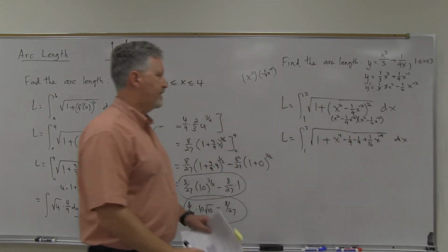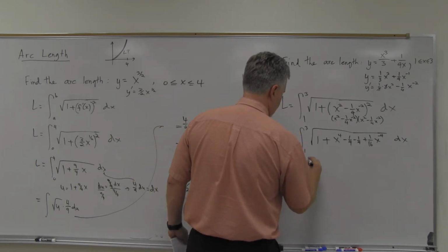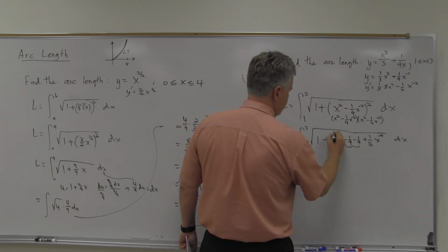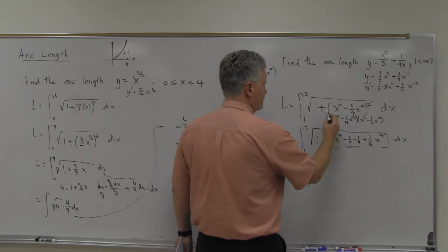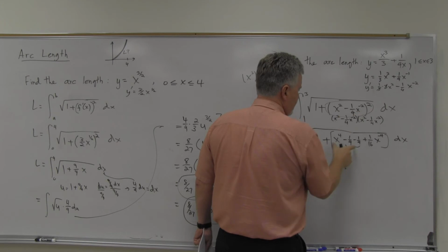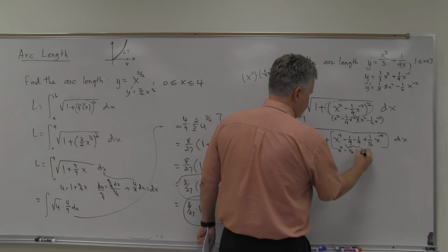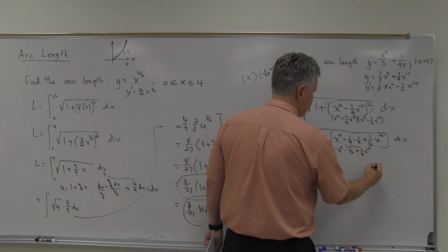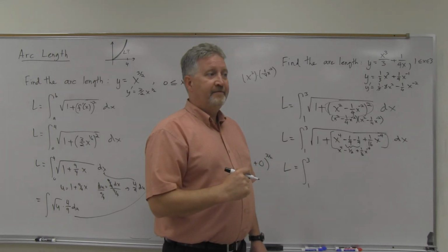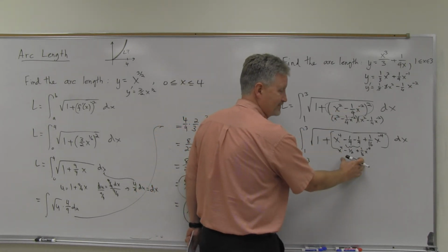All right, so good there? Now, this right here is important to note. When I multiply this out, I get x to the 4th minus 1/2 plus 1/16 x to the minus 4. And I write that not just because I'm going to simplify it, but note that if I square that, that's what I get.